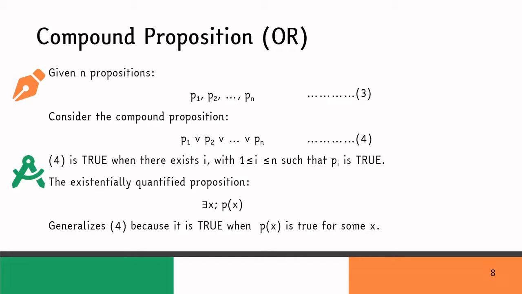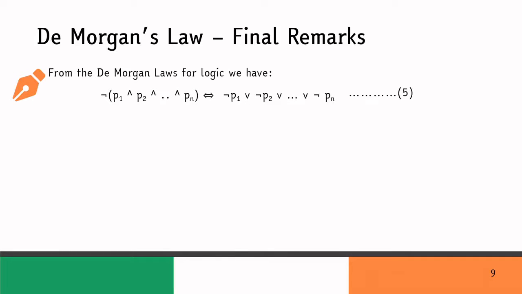So now that we know how compounded propositions are expressed in terms of predicates, we can finally conclude De Morgan's law for predicate logic. From De Morgan's law of logic, we have the following expression. The negation of the conjunction of P1, P2 through Pn is equivalent to the disjunction of individual negations of P1, P2 through Pn.